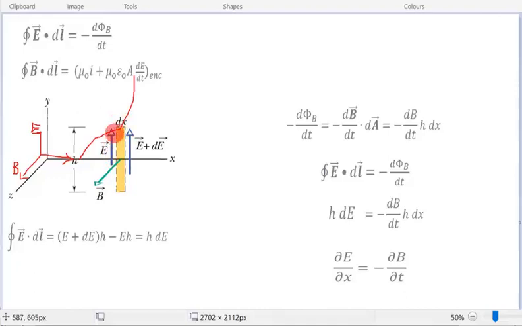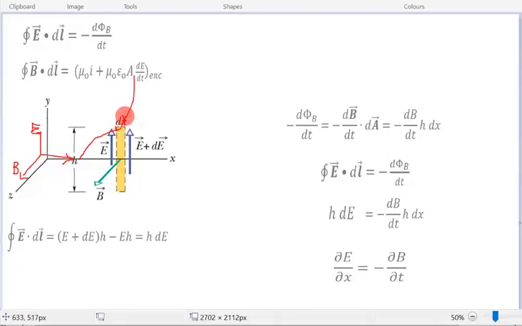And then we take 2 points along the curve. That's a point where we have the electric field to be E, and another point here where we have the electric field to be E plus a small change. So from this point to this point, the electric field has changed from here to somewhere here.